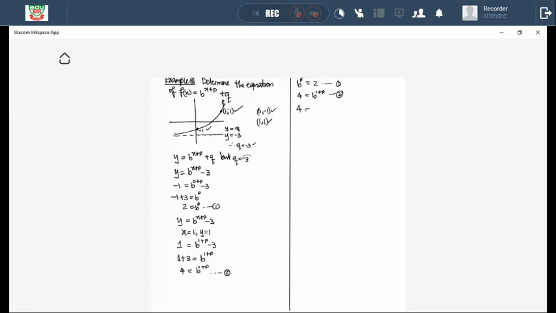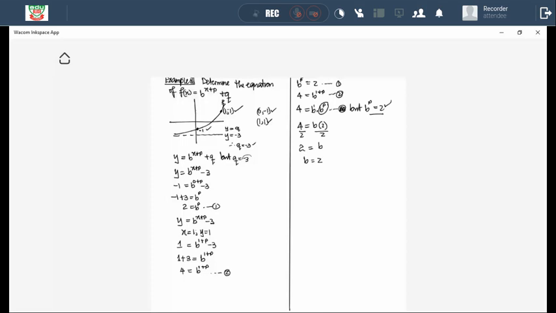I can break down equation 2 into b to the power of 1 times b to the power of p. But b to the power of p is 2, so I substitute it: this is b times 2. So 4 is equal to 2b, and dividing both sides by 2, 2 is equal to b. So my b is equal to 2.